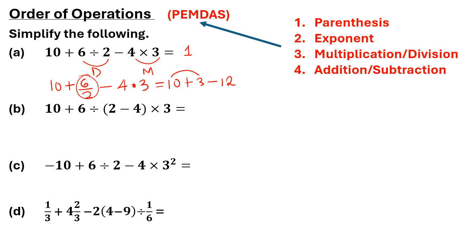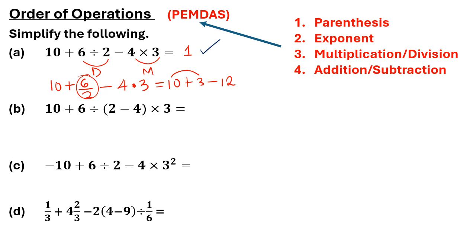So you can see that I had to do the addition and subtraction at the same time. So 10 plus 3, that's 13. 13 minus 12 is equal to 1. Or you can do it differently by doing subtraction and addition at the same time. We know that 3 minus 12 is negative 9, and negative 9 plus 10 will be 1. So we are good. Let's go ahead and do the second problem.